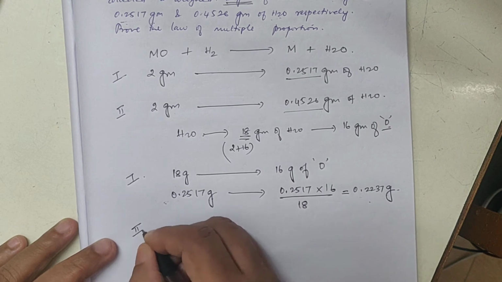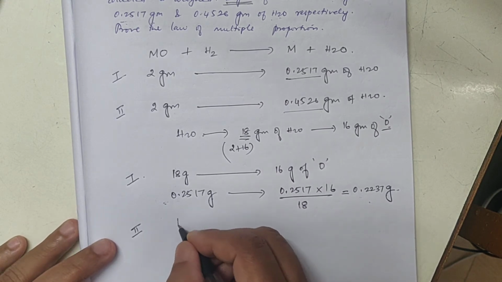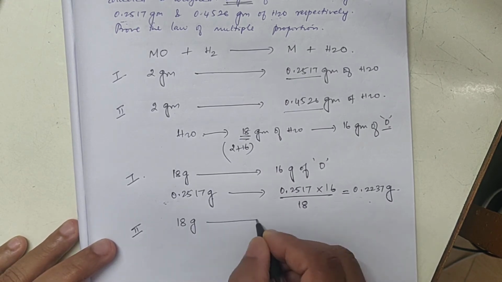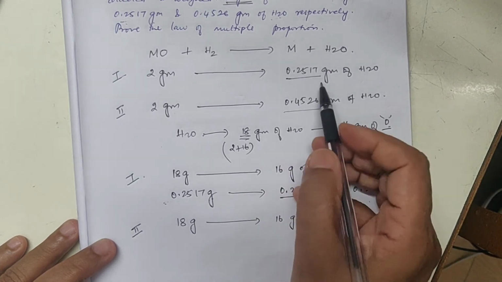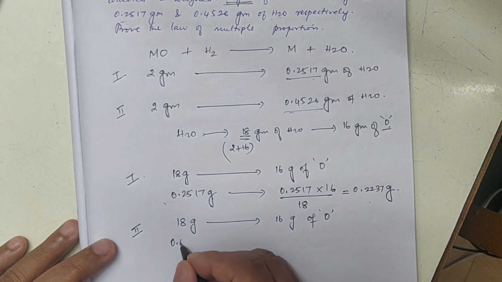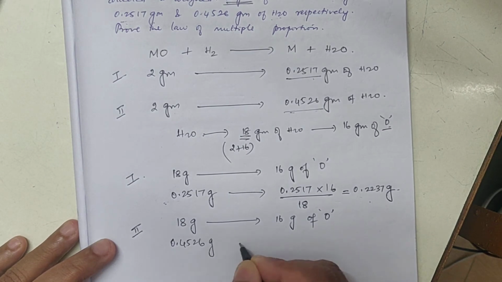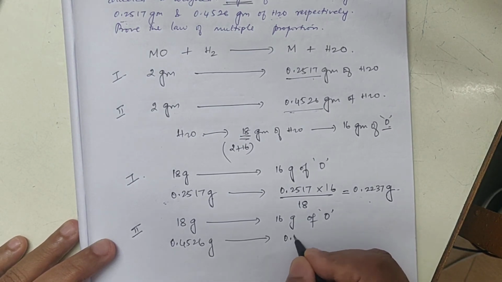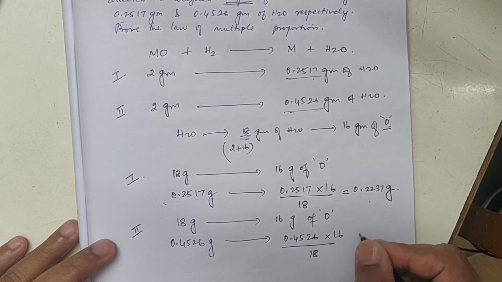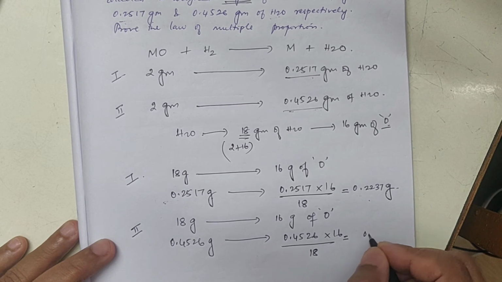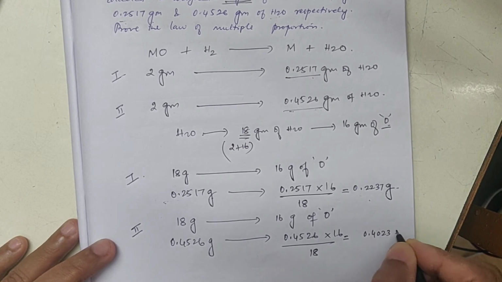Now come to the second oxide. Second oxide again the same way. 18 gram of water contains 16 gram of oxygen and 0.4526 gram of water will contain 0.4526 into 16 upon 18. That is giving you 0.4023 gram.